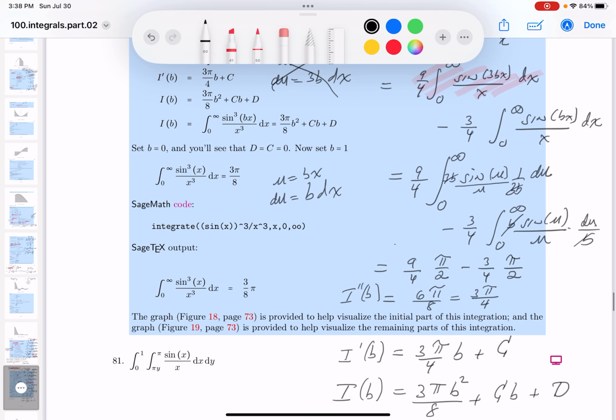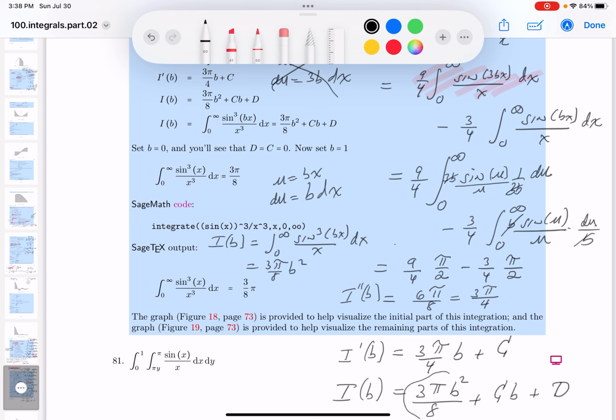So I'm actually running into the next problem too, though. So let me just see if I can write that down somewhere. So IB is the integration 0 to infinity of sine cubed bx over x dx equals 3 pi over 8 b squared.